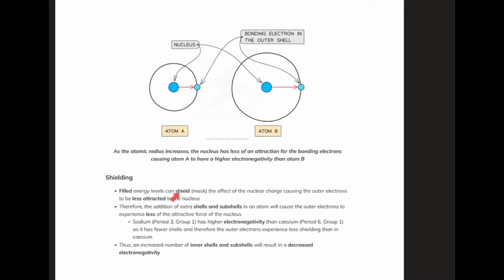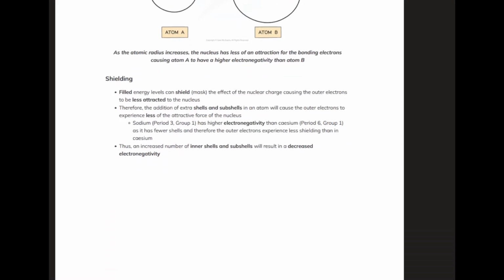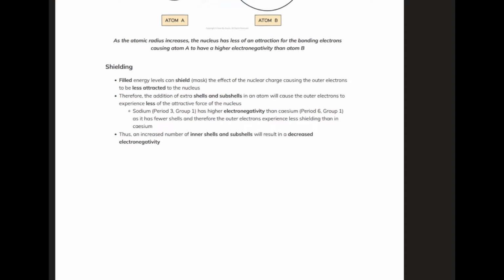Shielding. Inner energy levels can shield or mask the effect of the nuclear charge, causing the outer electrons to be less attracted to the nucleus. Let's use sodium again. Sodium has 2 electrons followed by 8, 1, 2, 3, 4, 5, 6, 7, 8, followed by 1 electron here.